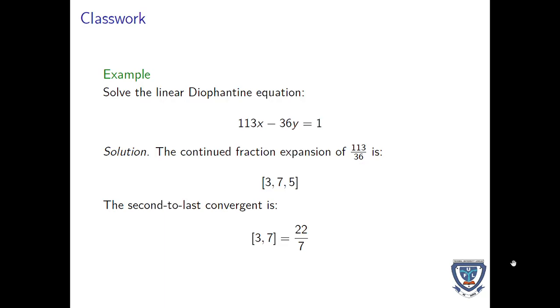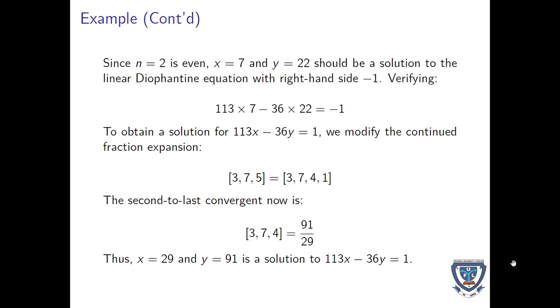The second to last convergent is [3, 7], which will give us 22 over 7. Since n equal to 2 is even, x equal to 7 and y equal to 22 should be a solution to the linear Diophantine equation with right hand side being minus 1.